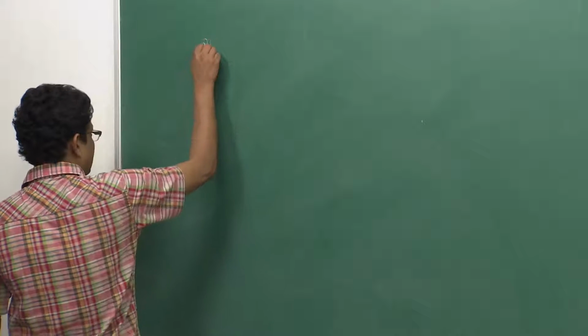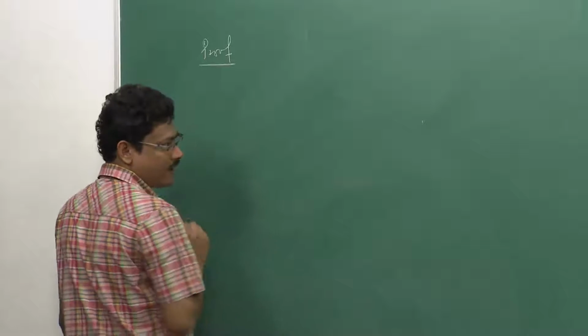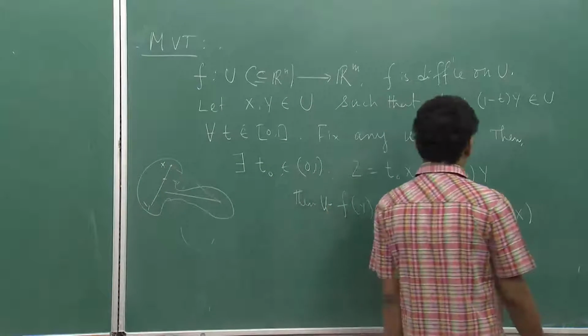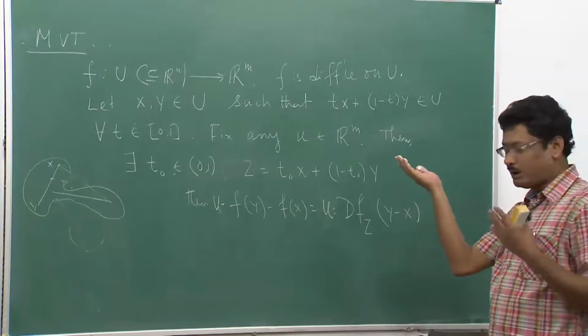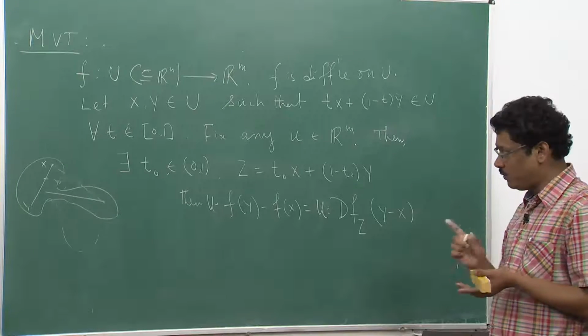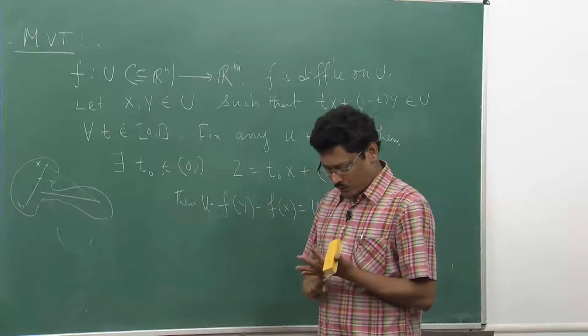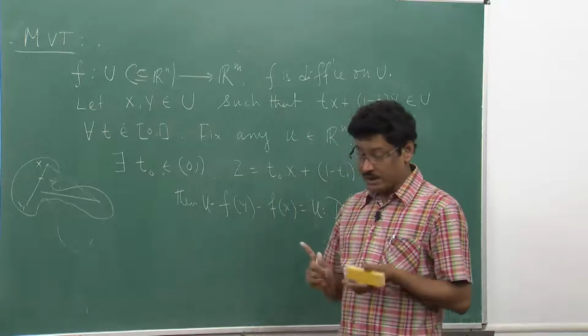How? So, x and y are in u, and we have always taken u, remember from the beginning of this course, open and connected. Many statements are true, whatever we have proved, just for open, but here I emphasize I need connectedness.